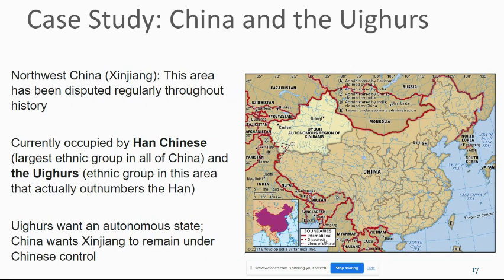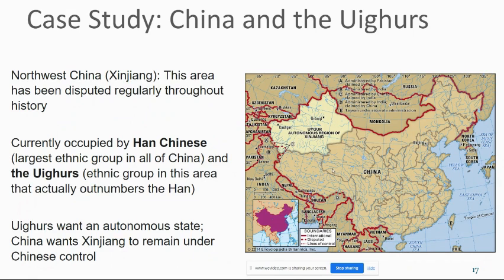Now, the problem is that the Chinese are doing everything they can to control this region. In effect, they have persecuted, which means treating poorly, the people who live there. They have encouraged migration of more Han Chinese people into this region in order to try to outnumber the Uyghur population.